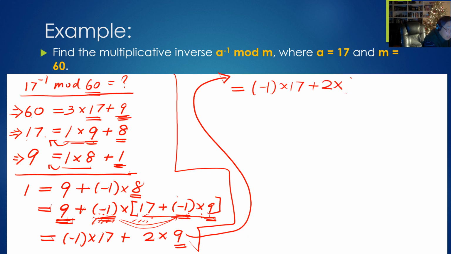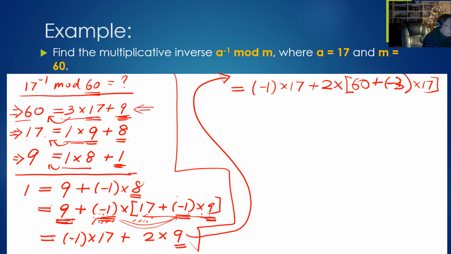So I replace 9 with 60 minus this term. I move this term to the left. So, or I can just write 60 plus -3 times 17, right? So this is based on the first statement.